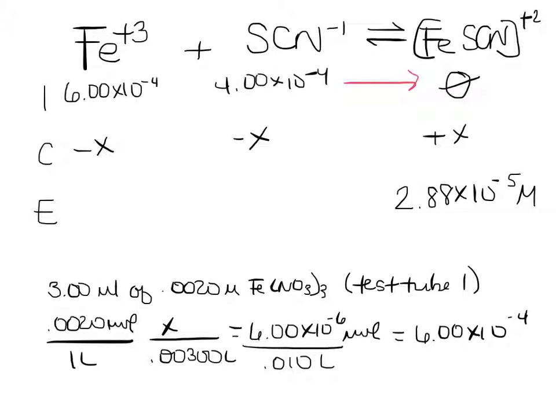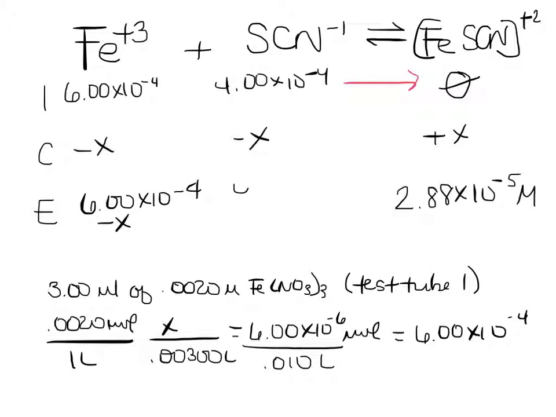So look at what the ICE table is showing us. We had 0 to begin with, we added some value x, and we ended up with this amount. Well, that tells me that this value right here is equal to x. So if you go back, the equilibrium concentration of Fe ion is going to be 6.00 times 10 to the negative 4th minus x.